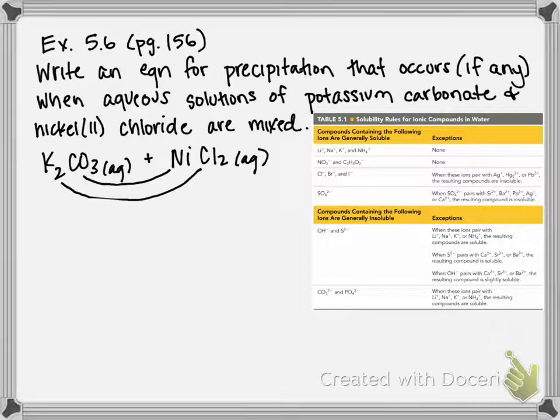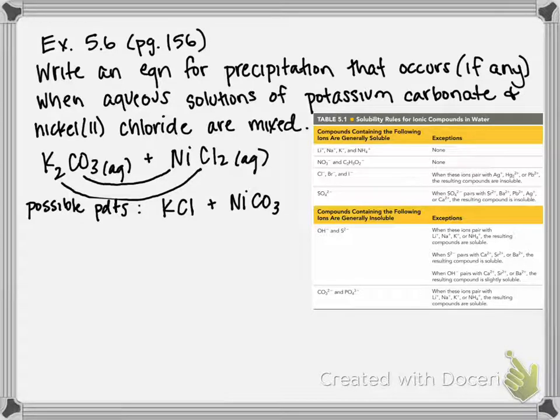So two possible products: potassium chloride, which has the formula KCl, and the other possible product is the combination of nickel and carbonate, which is NiCO3.